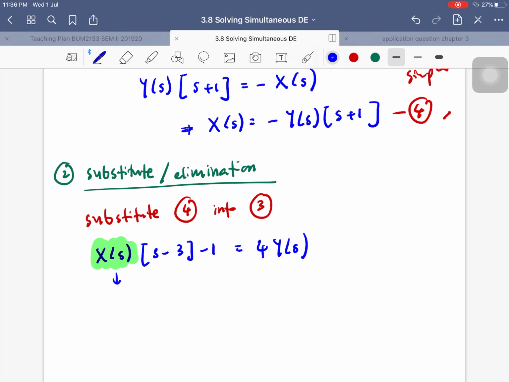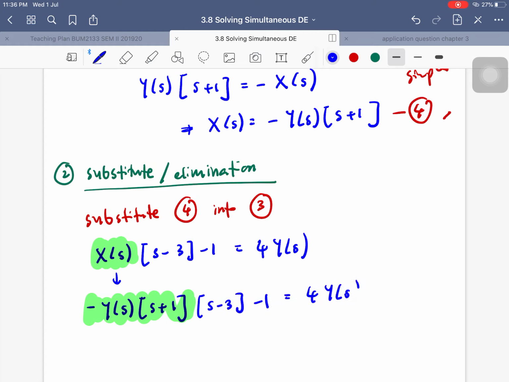X(s) from equation number 4 is going to be negative Y(s) multiplied by (s plus 1). So this is going to be my X(s). The rest I just copy down: multiplied by (s minus 3) minus 1, equal to 4 capital Y(s).